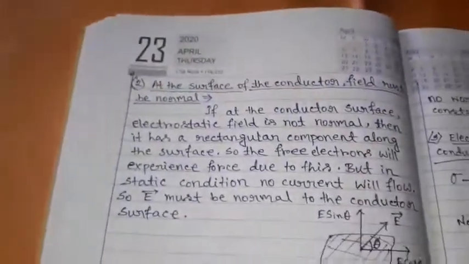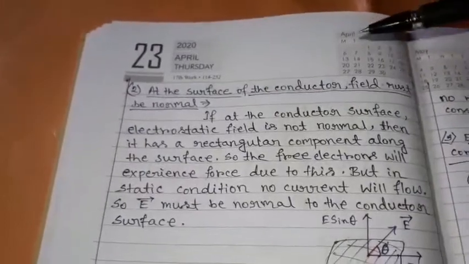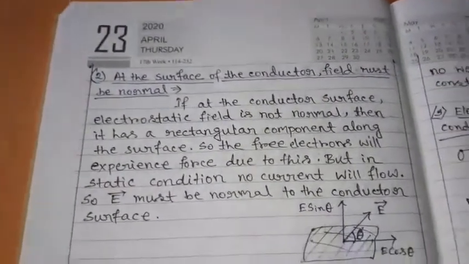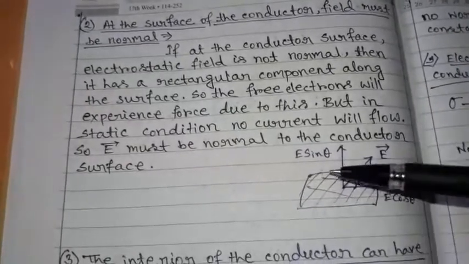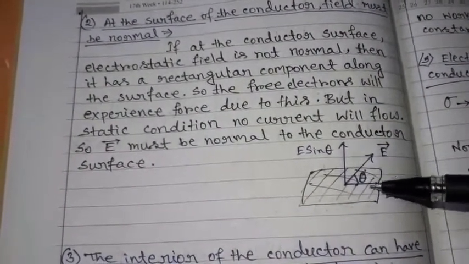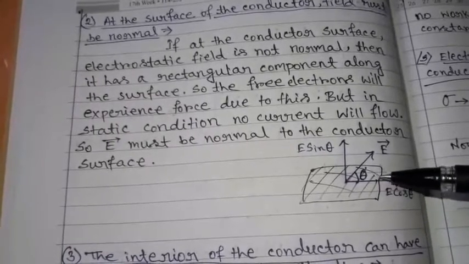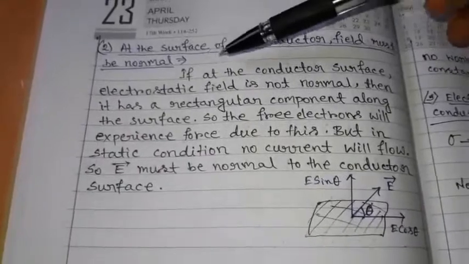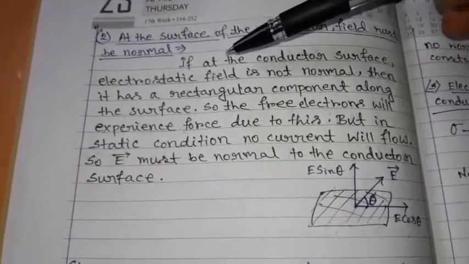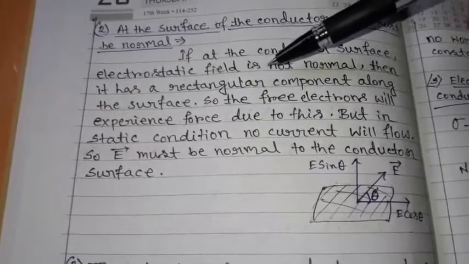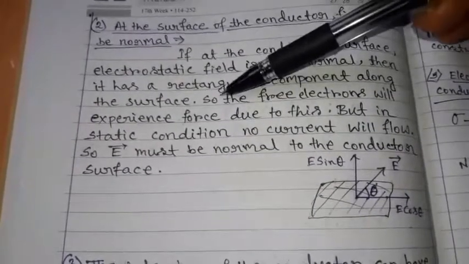Next, second one, at the surface of the conductor, the field must be normal. Here in the diagram we see the electric field making an angle theta with the surface. So we can resolve it into two rectangular components, E cos theta and E sin theta. If at the conductor surface the electric field is not normal, then it has a rectangular component along the surface.